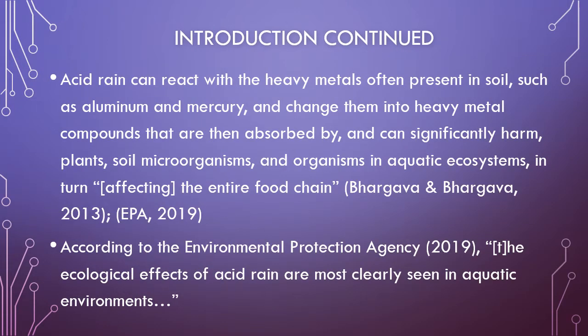In addition to leaching heavy metals from soils, acid rain also interacts with aluminum and mercury in soils and changes them into heavy metal compounds that are then absorbed by and can significantly harm plants, soil microorganisms, and aquatic ecosystems as well. This in turn affects the entire food chain.